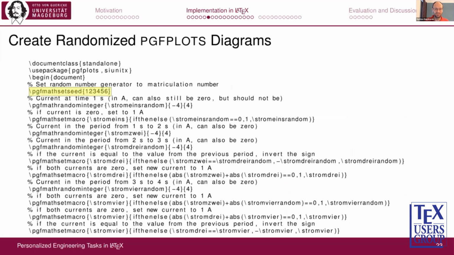So here is the seed for this random number generator, and then I generate random integers for the currents at the different instances of time, and then there are some if-then-else functions. If the random number here is 0, of course it should not be 0. If the current is 0, the task does not make too much sense.